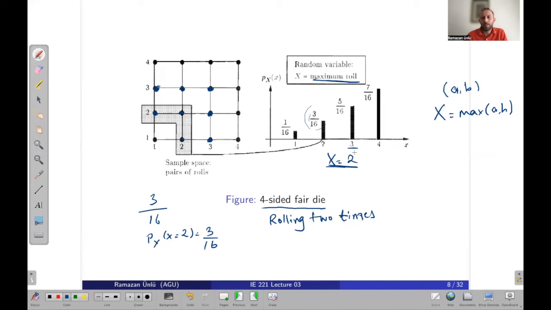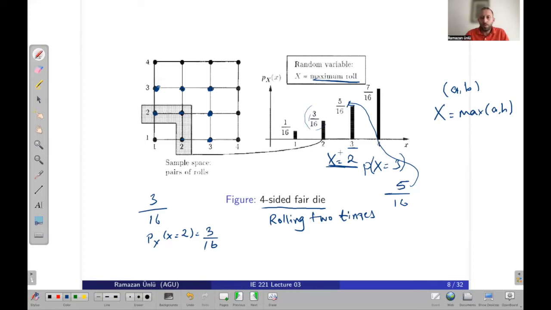So in this case, my interest is X equal to 3, and I need to look at this probability. So 5 points are associated with the number 3. Again, I have 5 subsets for this random variable, and 16 different subsets in total. So this will be my probability.